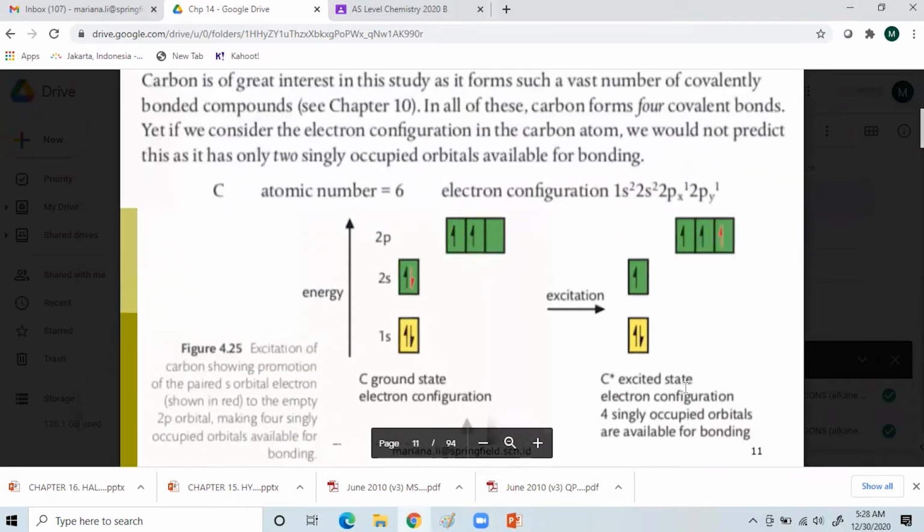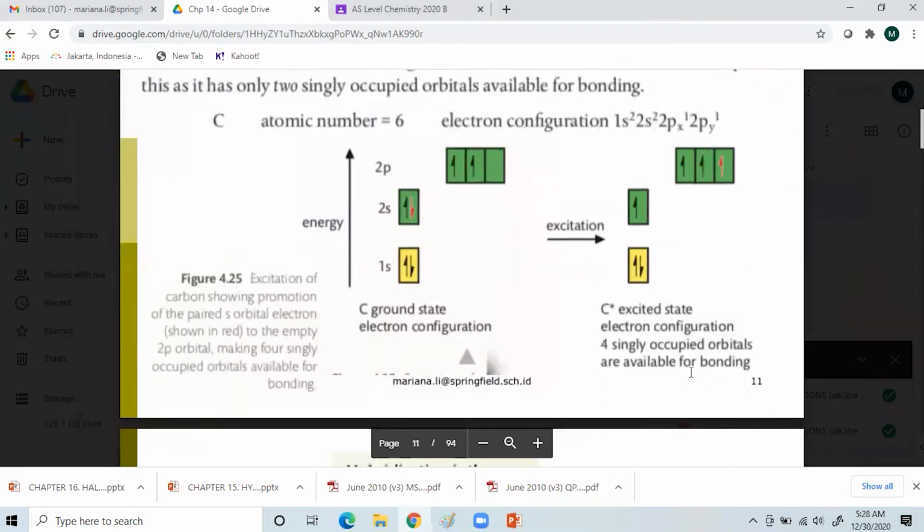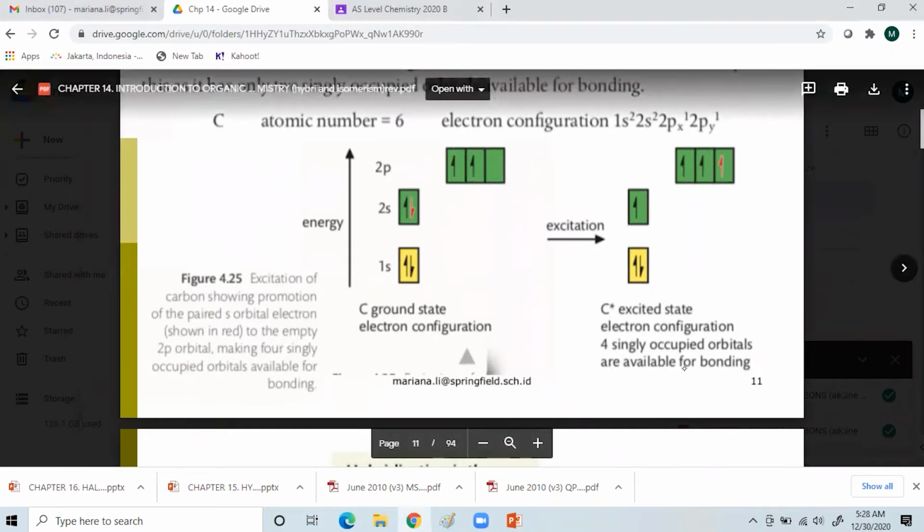For example, in methane, CH4, first we should make the ground state configuration of the carbon atomic orbitals. Six electrons of C: 1s2, 2s2, and then 2p2. We draw according to energy level: 1s is the lowest, then 2s, and then 2p.